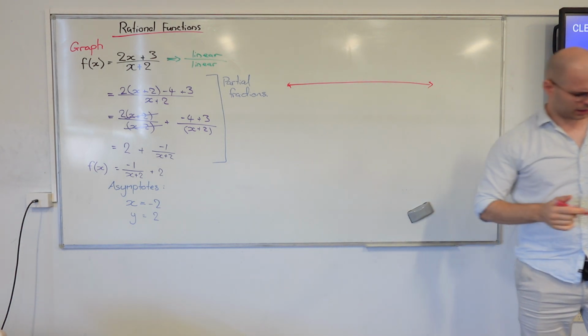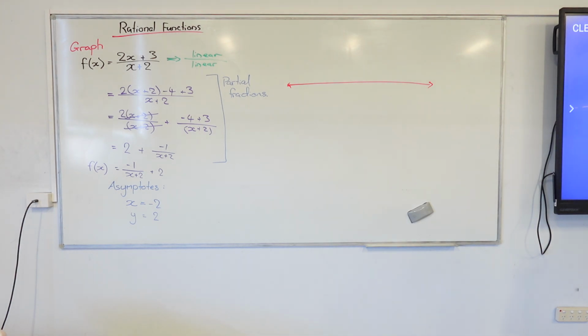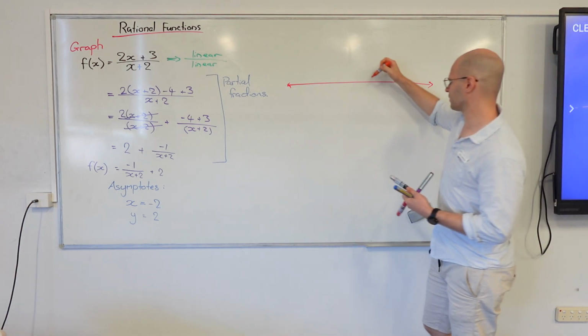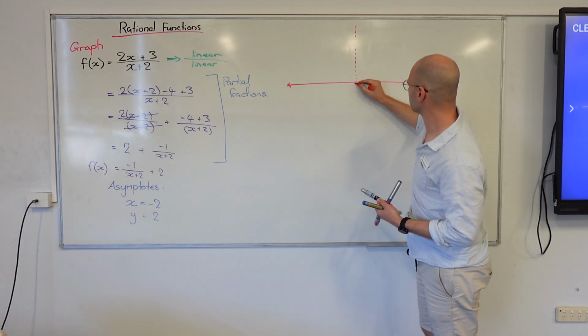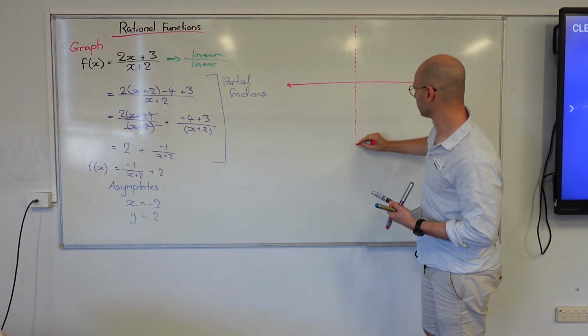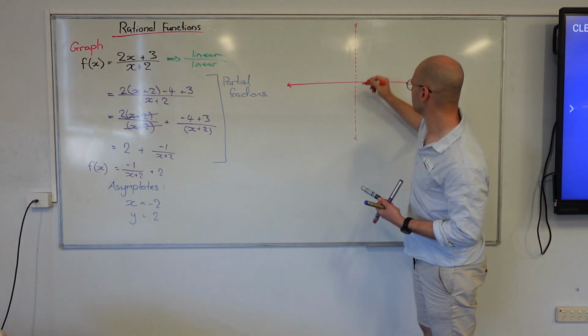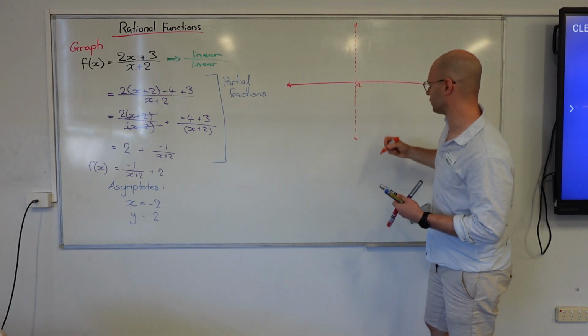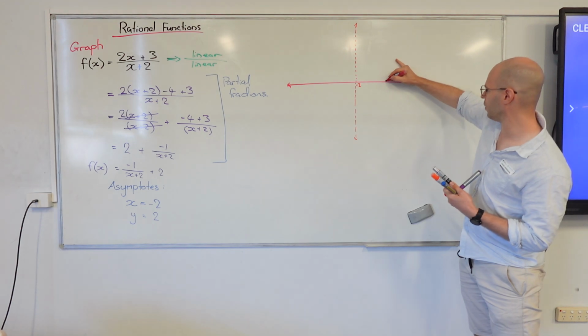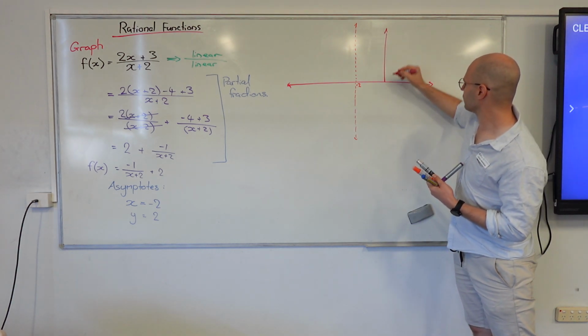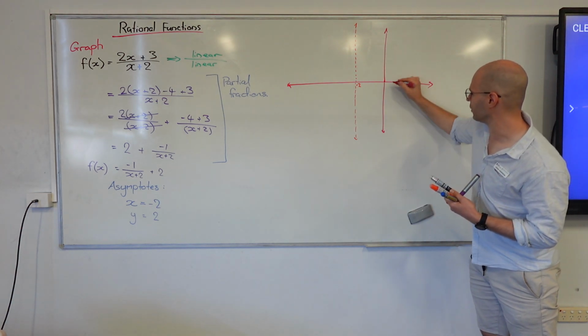And what I want to do is get some symmetry here. In the middle of my graph, I'm going to say that's minus 2. Now if that's minus 2, then over here can be my origin.